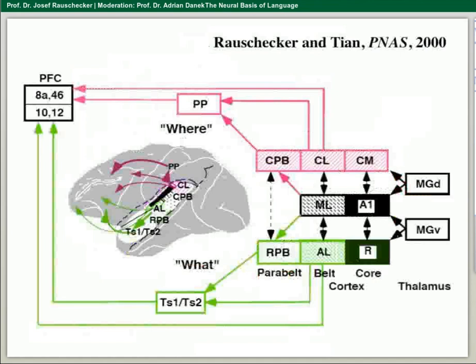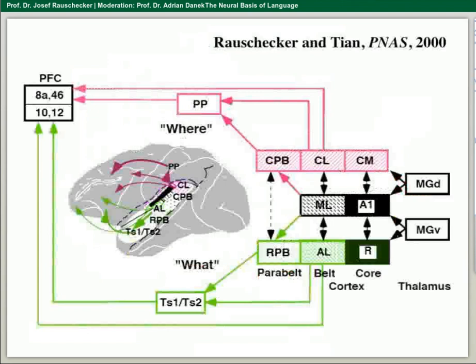There were studies by Ted Jones, by Pandya, various people in the United States who characterized, like Brodmann did, some of these regions on an anatomical basis, but we were among the first to study some of these regions in terms of single cell recordings in animal models.